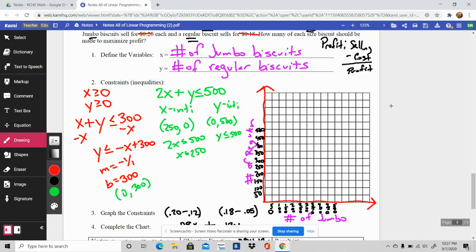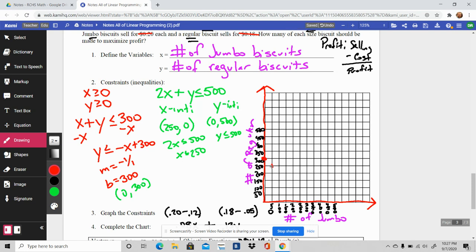All right, so now what I'm doing is I'm going to graph this constraint that said the oven max. All right, so x plus y, the number of biscuits being made, had to be less than or equal to 300. All right, so the y-intercept was at 300, so I need to plot a point up at 300. And the slope is -1/1.